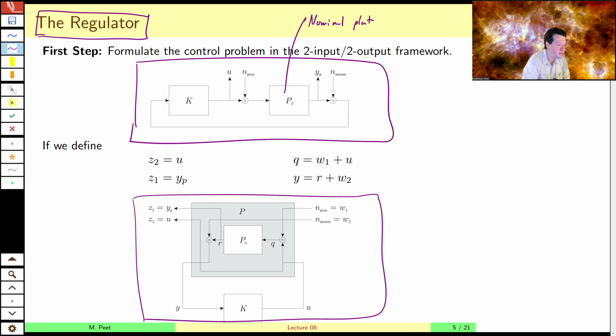In this regulator framework, it makes sense that the output of the plant is our first regulated output, because that's the thing we want to go to 0.